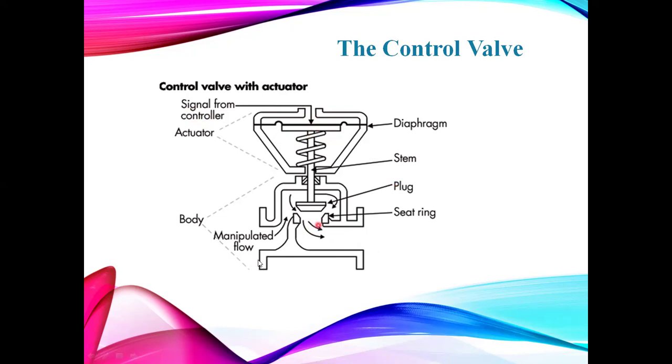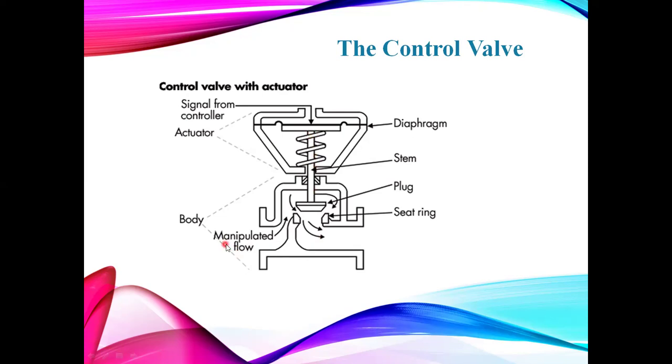So you have this plug that will get unseated on the seat ring. That way, your fluid gets to flow through from this section to this section. So the opening of the portion where your plug sits when your valve is fully closed is being adjusted by the air pressure on top of the diaphragm. So it goes up and down in that manner.